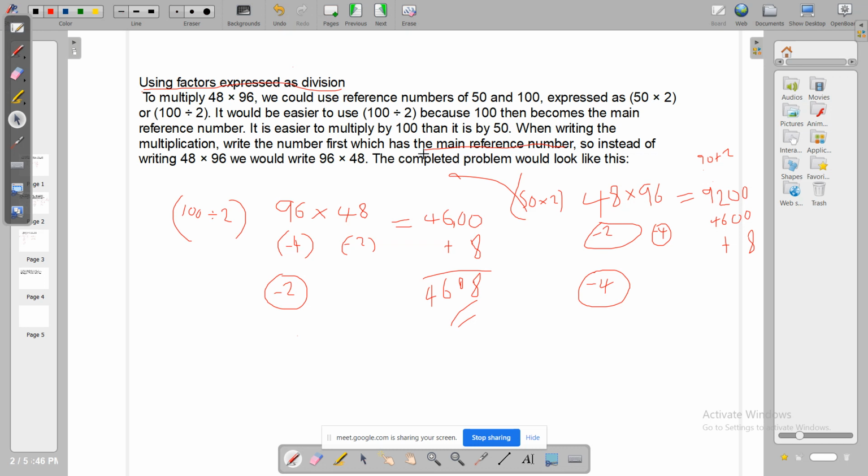Instead of 50, it can also be written as 100 divided by 2. So when I multiply my 100 by this, I will get this number 920. Then I'll divide it by the 2, which will give me the answer that I want.